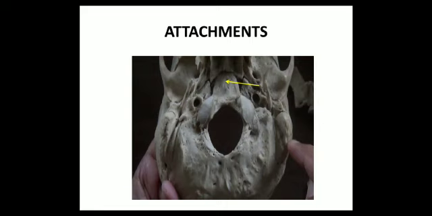The spine of the sphenoid is related laterally to the auriculotemporal nerve and medially to the chorda tympani nerve and the auditory tube. Its tip provides attachment to the sphenomandibular ligament, the anterior ligament of malleus and the pterygospinous ligament.